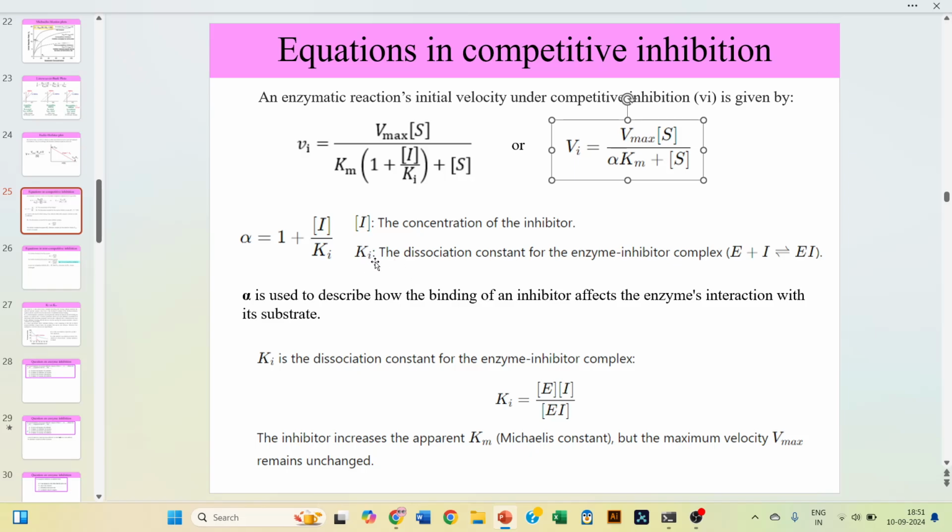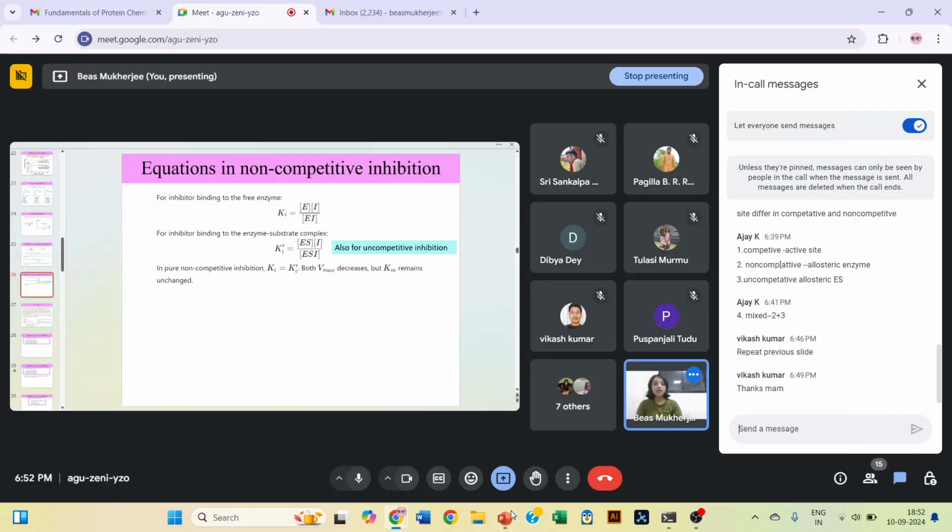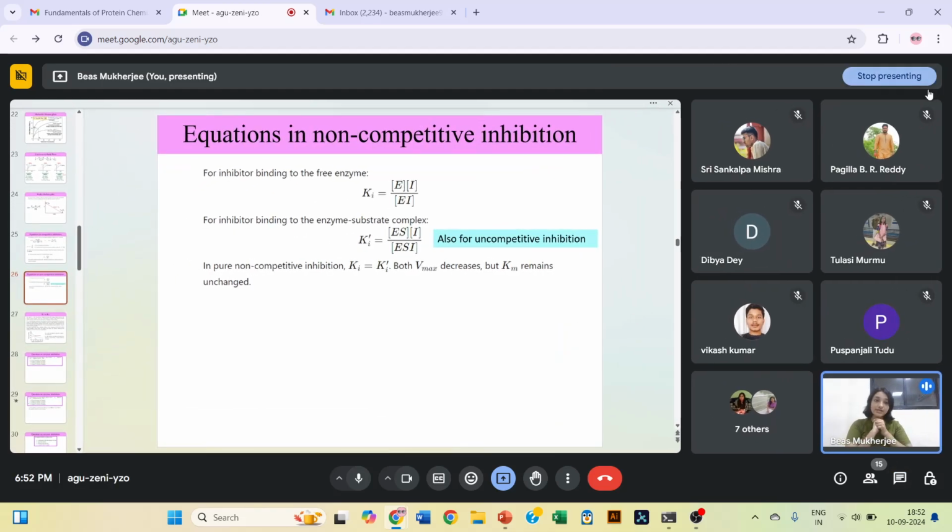Okay, now we'll move on to the next slide, in which we talk about uncompetitive and non-competitive inhibition. In uncompetitive inhibition, the Ki can either be this, in which the inhibitor is directly binding to the free enzyme, or it can be the next equation, in which the inhibitor is binding to the enzyme-substrate complex and forming the enzyme-substrate-inhibitor complex.